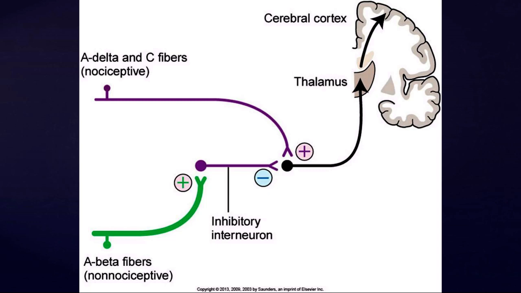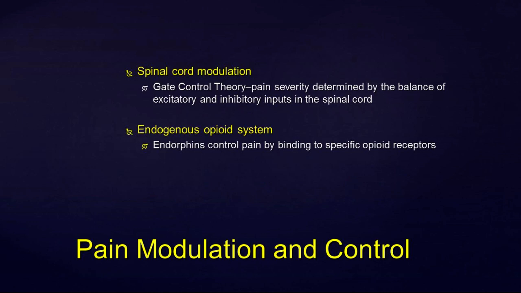And that's how a lot of our physical modalities work to control pain. So there's a little video in the module that is a really kind of simple explanation of gate theory that I really like. It's kind of goofy. It's got these little animated characters explaining gate theory, but it's a very good place to start, I think.